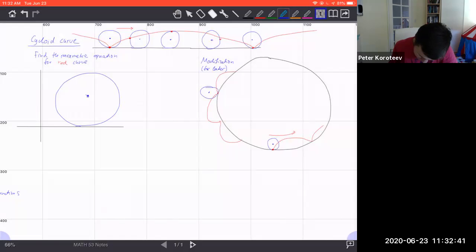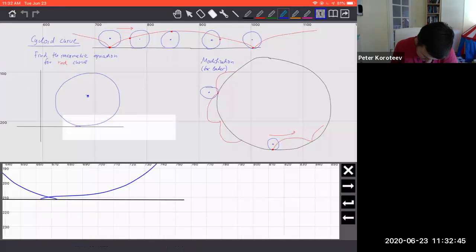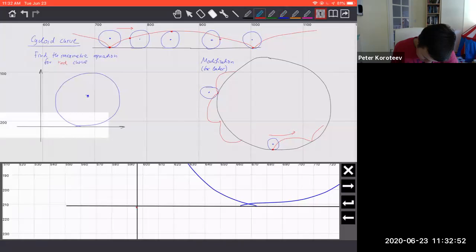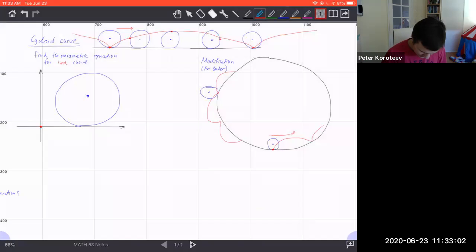And so say we pick the coordinates in such a way that when the mark was at the bottom, right? So here we start our travel from the point 0, 0, and that's where the mark was. And then as the tire rolls, that's too high, I'm sorry. Somehow like that.